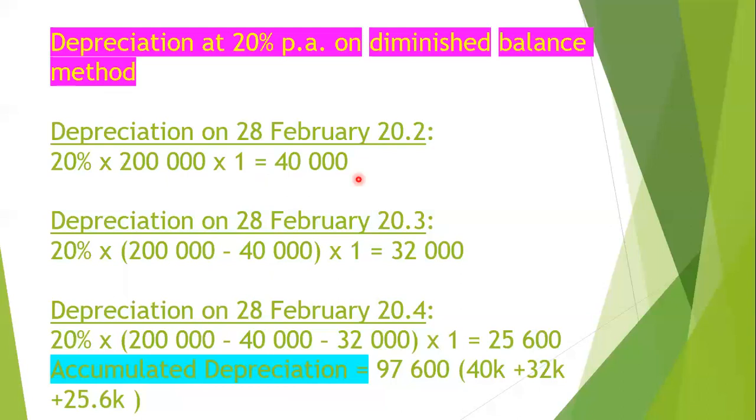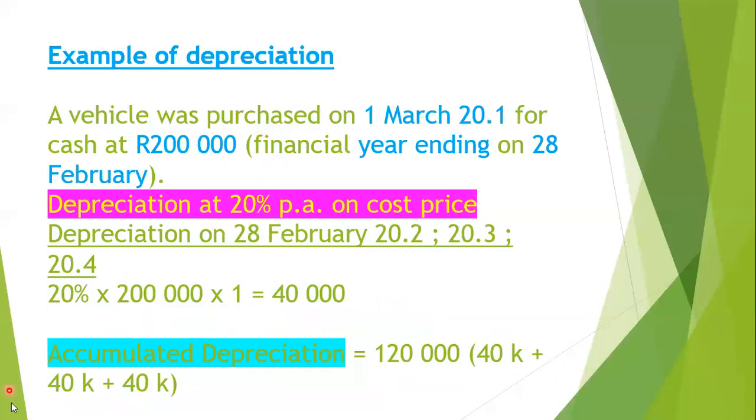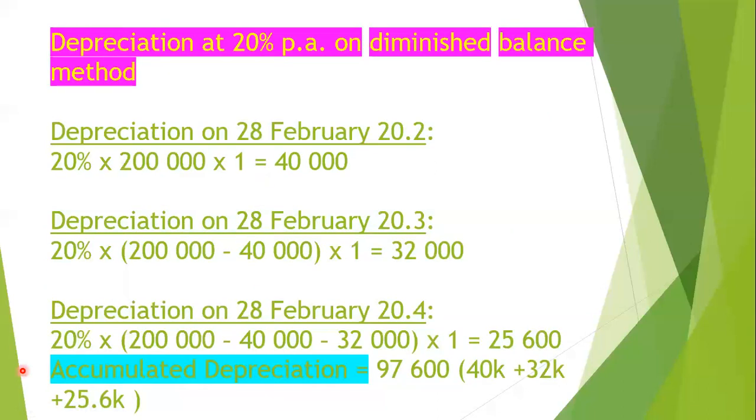So here, 40,000 in the first year. If you go here to the straight line method as well, you can see for the depreciation on 20.2, it was also 40,000 there. So the first year is the same. The difference between the straight line method and the diminishing balance method comes in the years after the first year.